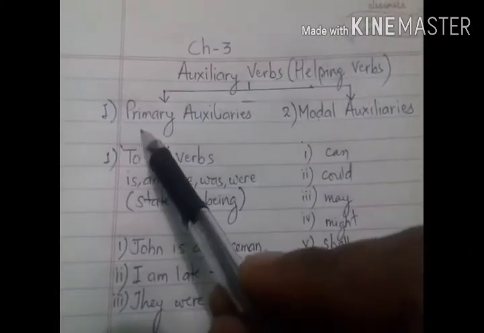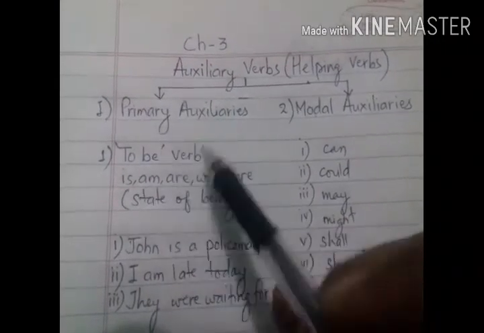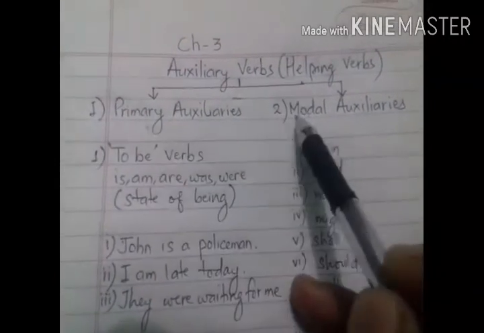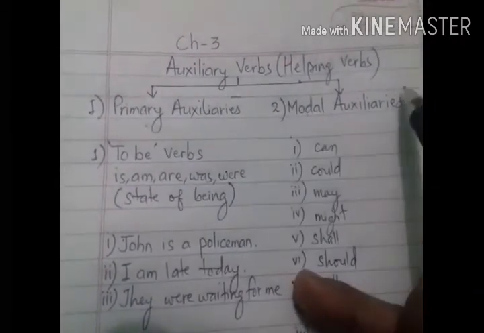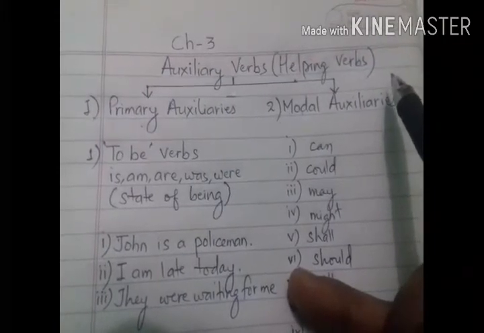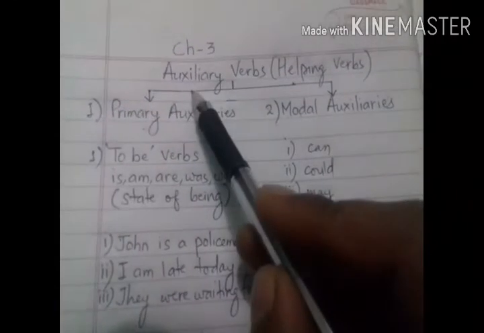Whenever we use these helping verbs, whether they are primary auxiliaries or modal auxiliaries, with other main verbs to give them meaningful senses in complete sentences, these verbs are called auxiliary verbs.